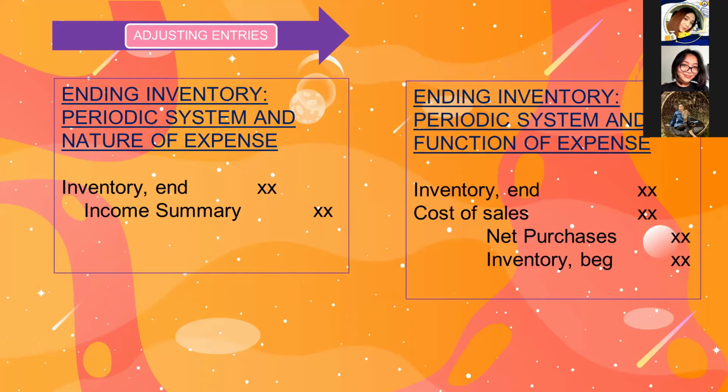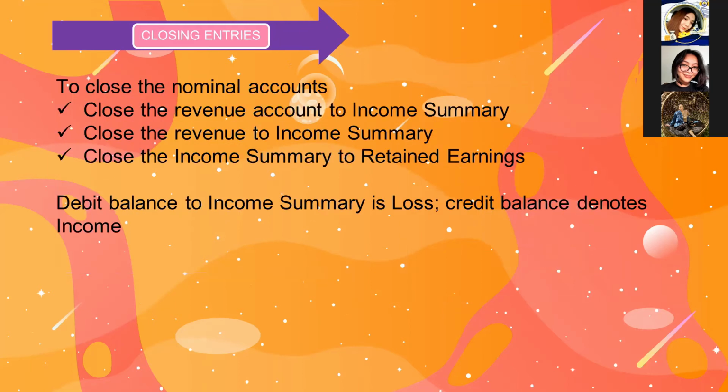So, of course, the adjusting entry is to close the inventory ending balance to your income summary. Now, if it's a periodic system and function of expense, what we're doing is we recognize cost of sales. No? So debit to cost of sales and credit to your inventory beginning and net purchases. No? So those are the entries for the ending inventory.